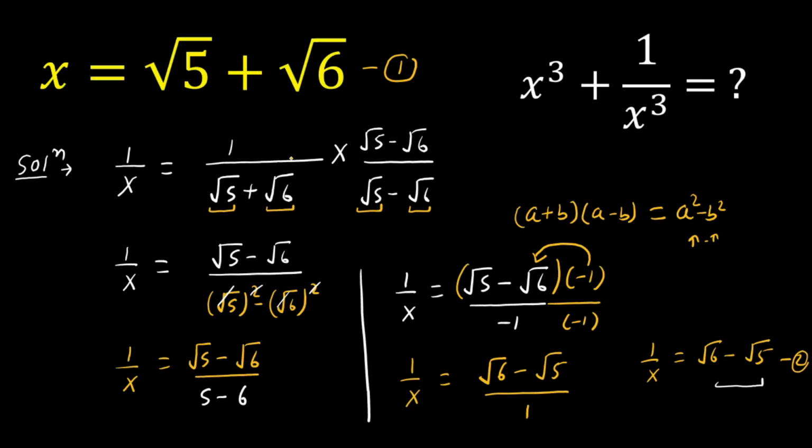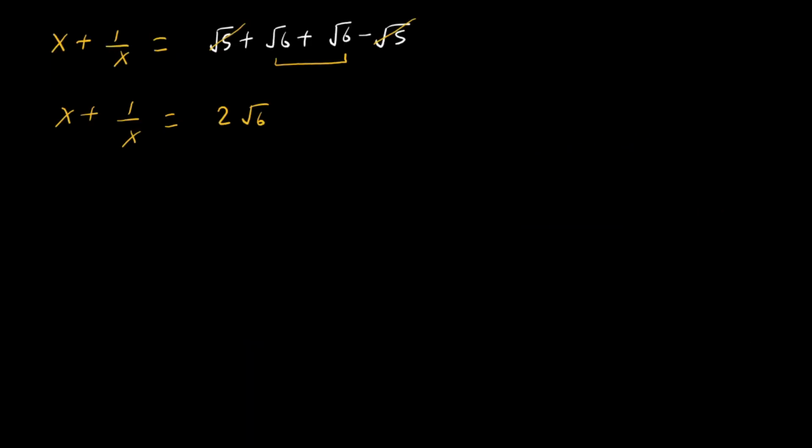Here we want to find the value of this expression, that is x to the power 3 plus 1 over x to the power 3. So we take the cube on both sides: x plus 1 over x is equal to 2 times square root of 6.